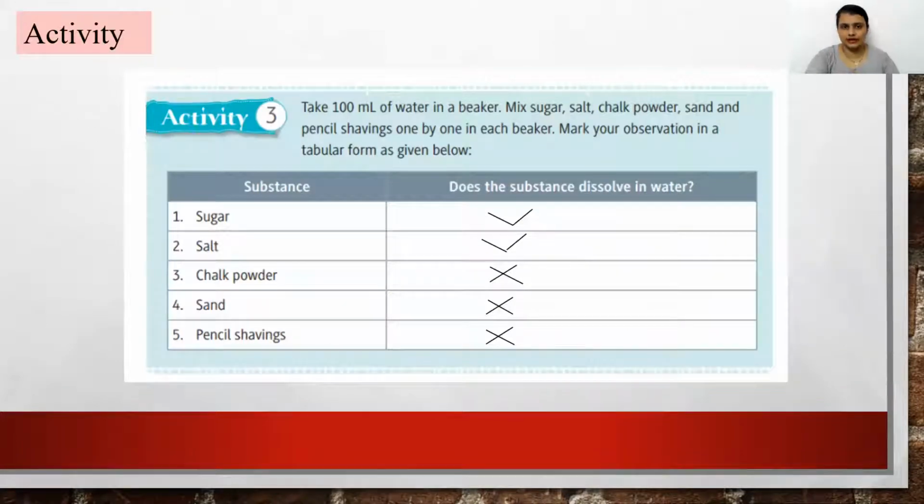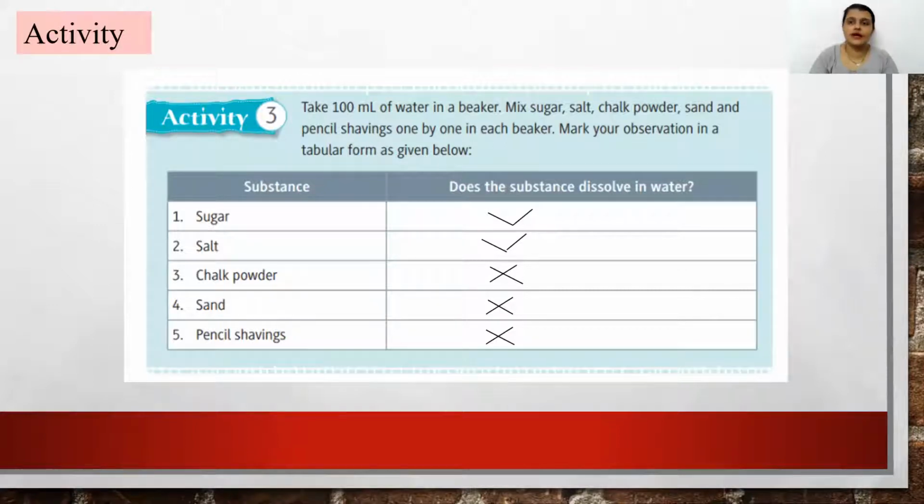Now, children, there is one activity. They have given different substances, right? So, what we have to do is mark our observation in a tabular form as given below. There are different substances like sugar, salt, chalk powder, sand. Then we just have to say whether these substances are going to get easily dissolved in water or not, right? So first one is sugar.